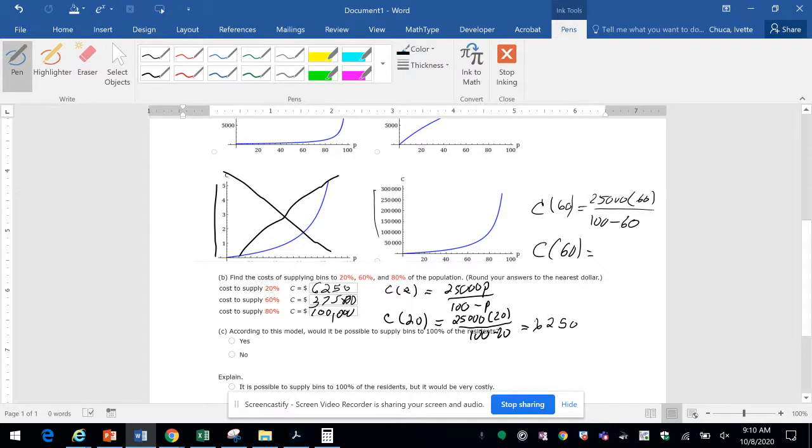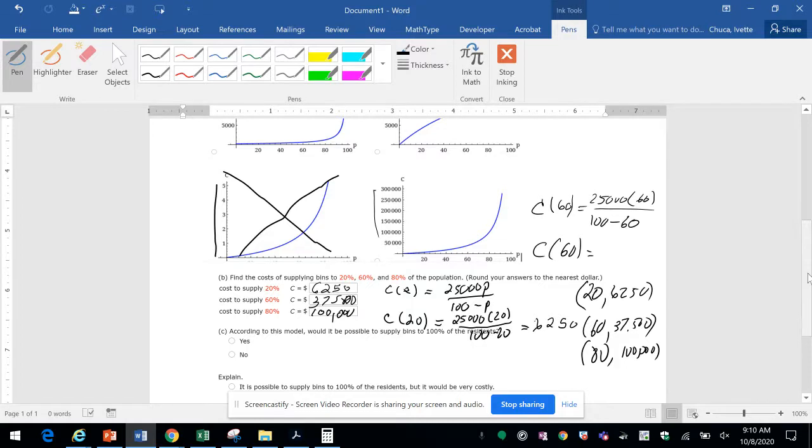So now what we have here is that when x is 20, or p in this case, we get 6,250. When it's 60, we get 37,500. And when it's 80, we get 100,000.